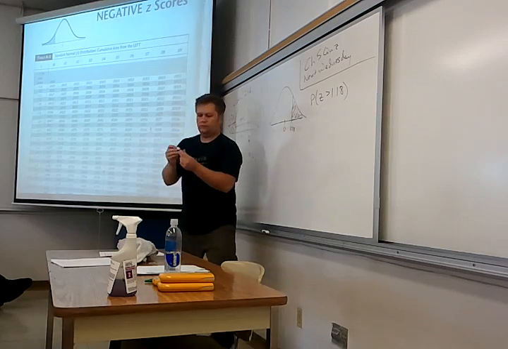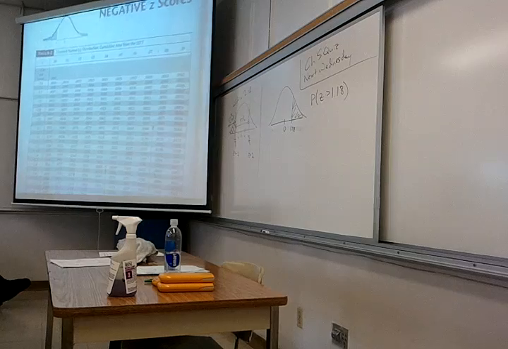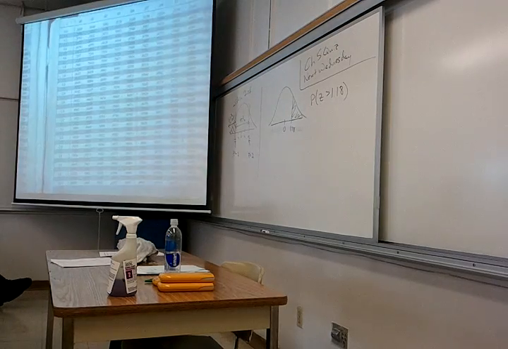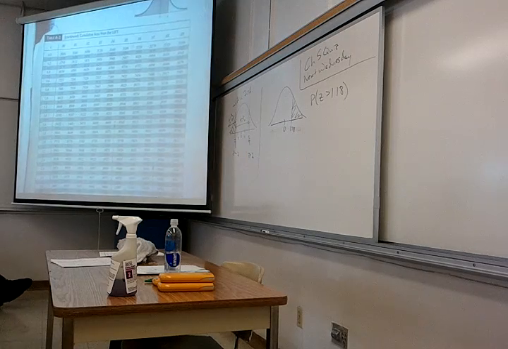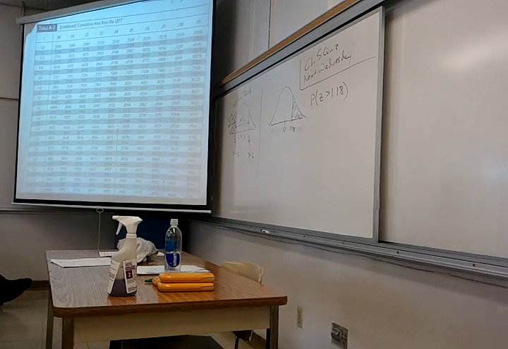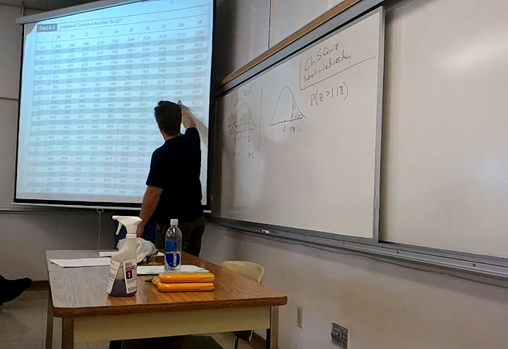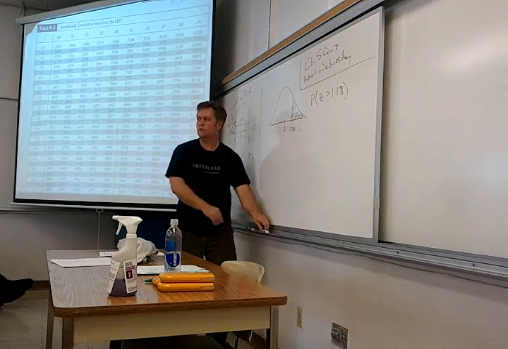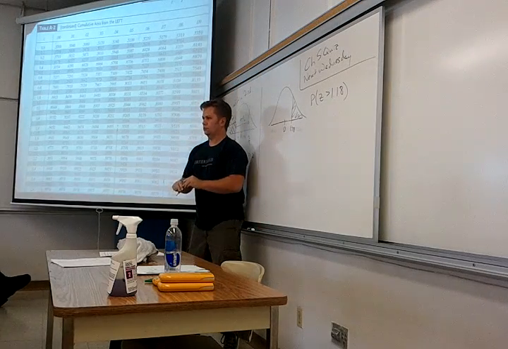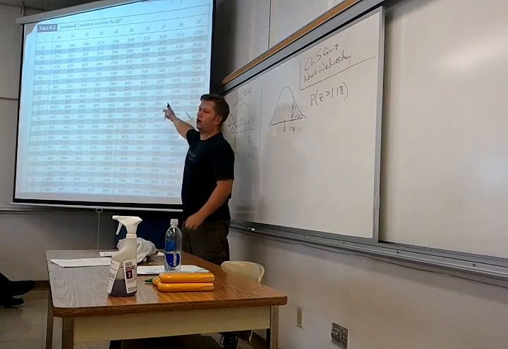So if you look up 1.18, and these are the negative z-scores, let me go over to the positive ones. What do you get when you look up 1.18? 0.8810. Now where's that area on the picture? Below. What does the chart always tell you?